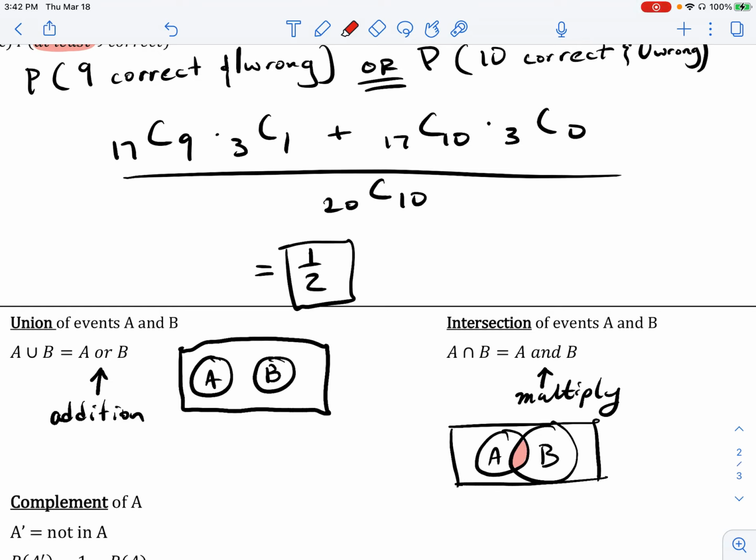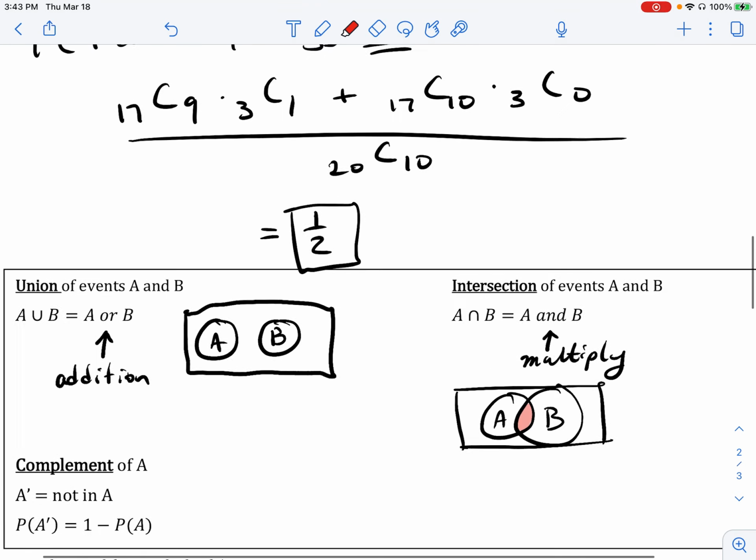Now compare that to an intersection where I'd say, what is the probability that tomorrow will be warmer than 70 degrees and rain? Well, obviously the intersection here, we're going to have a smaller probability because it has to satisfy both conditions in order for it to meet that criteria.